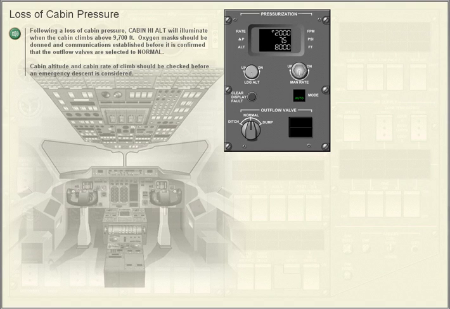Loss of cabin pressure. Following a loss of cabin pressure, cabin high altitude will illuminate when the cabin climbs above 9,700 feet.